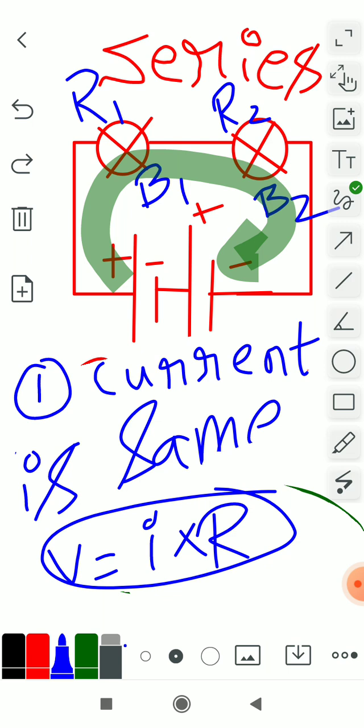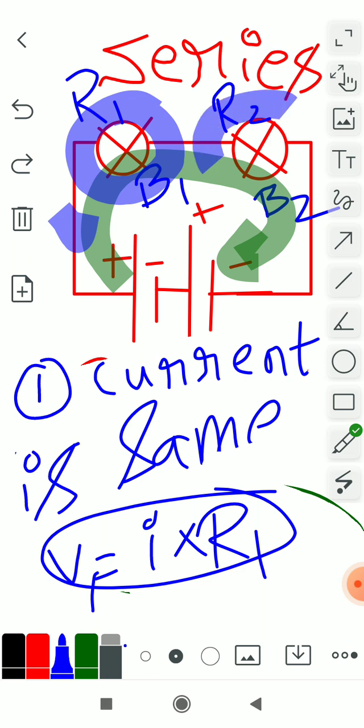The same current is flowing through bulb B1. Resistance is different, so across bulb B1 a different amount of voltage drop will be there. Similarly, as the same current is flowing through resistance R2, across bulb B2 the voltage drop will be different.